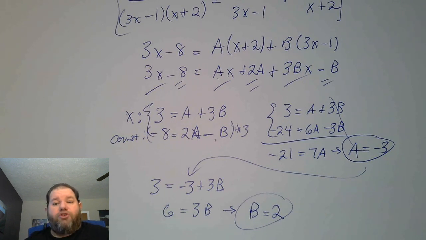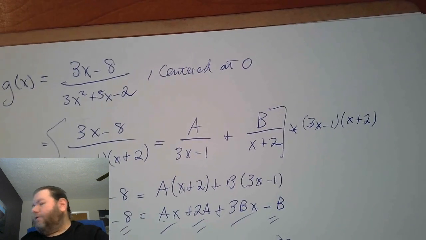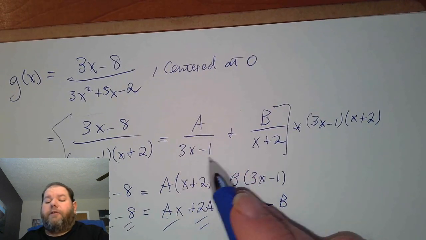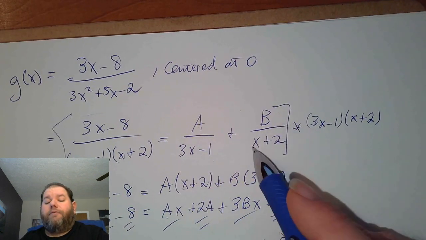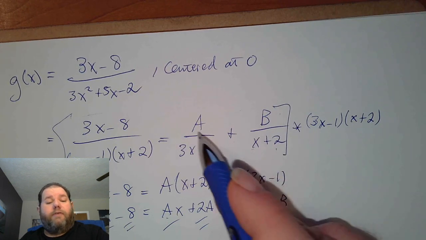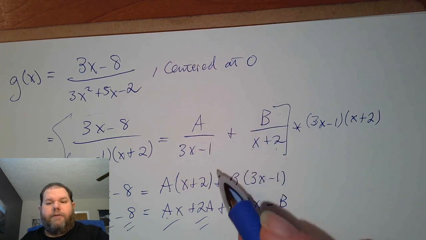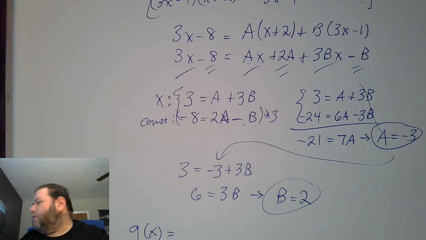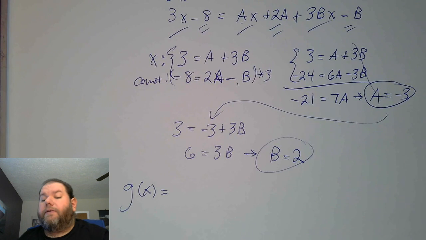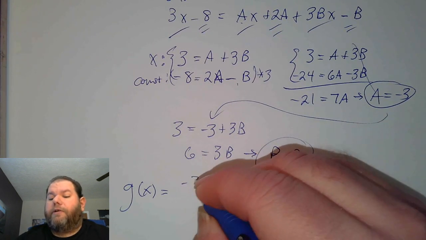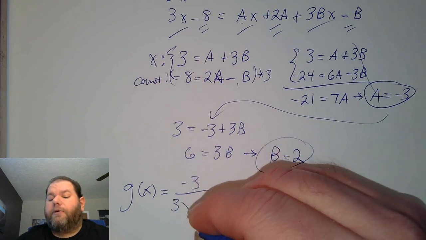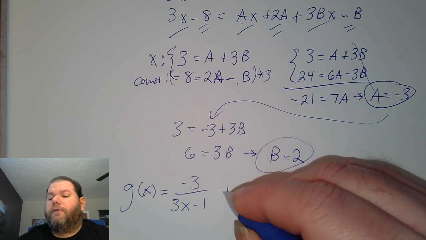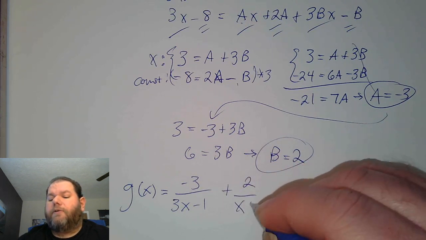And now we can rewrite g of x. Now remember up here, we said a over 3x minus 1 plus b over x plus 2. And we'll just fill in the values for a and b that we found there. So a was negative 3 over 3x minus 1, and b is 2 over x plus 2.